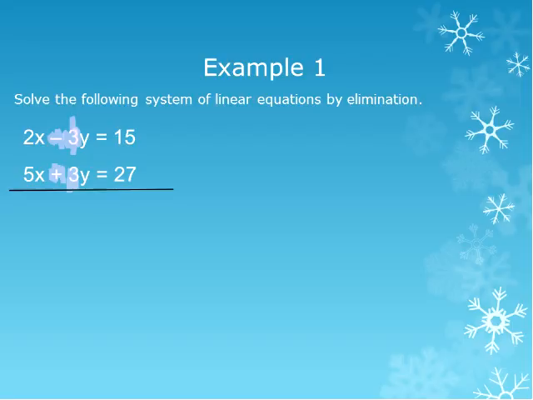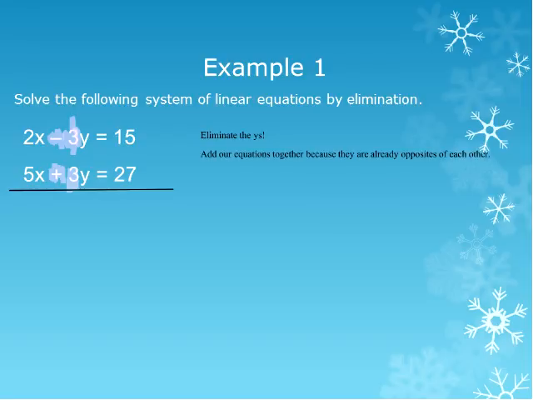I want one of the variables to go to 0 when I add them together. So I have that with the y's. So we are going to eliminate the y's first. Okay? So eliminate the y's. And to do that, we just have to add our equations together because they are already opposites of each other.